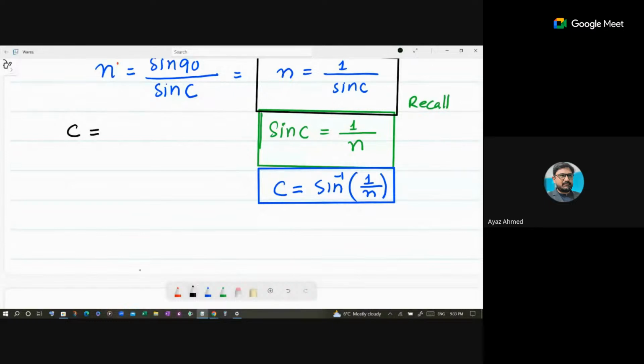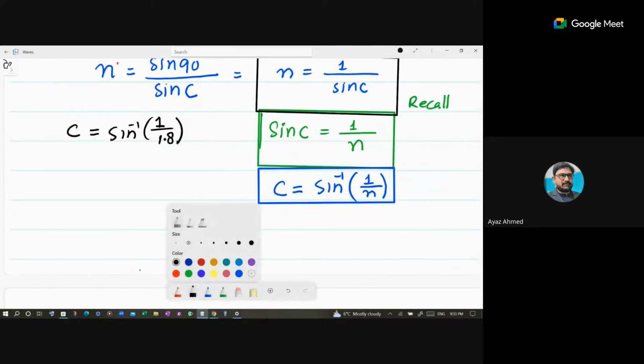So critical angle will be sine inverse 1 upon 1.8. Yes, कैलकुलेटर से कैलकुलेट करिए जरा जल्दी से. Yes, come on, calculate that please. Approximately 34. Yes.